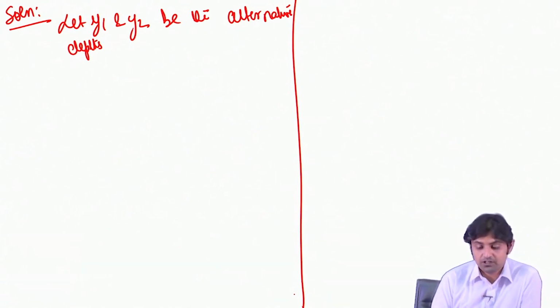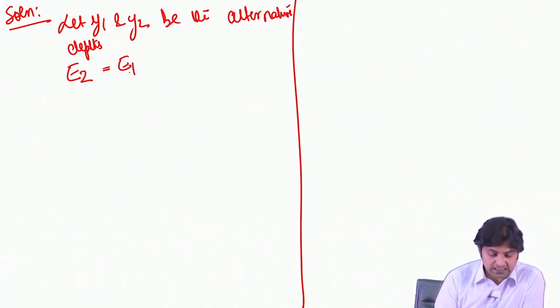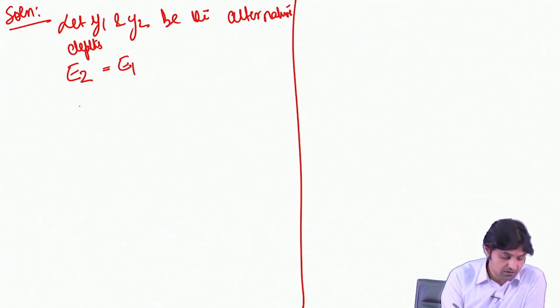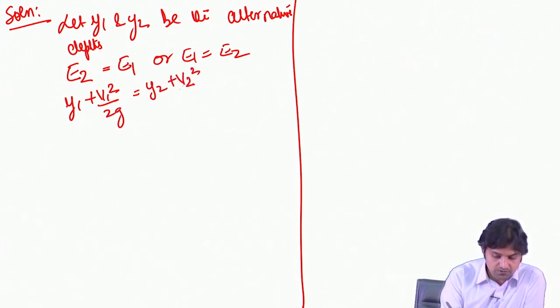You remember this concept of alternate depths was given in specific energy, and the specific energy in that case should be equal at section 2 and section 1. So, let us write E1 is equal to E2. So, y1 plus v1 square by 2g is equal to y2 plus v2 square by 2g.